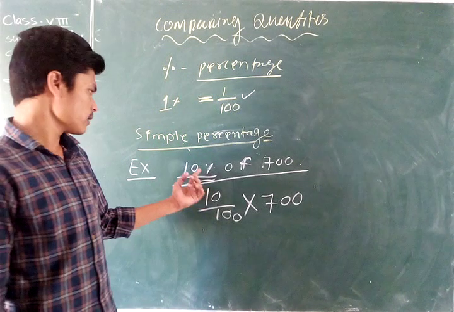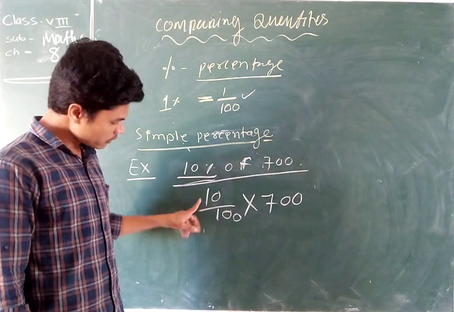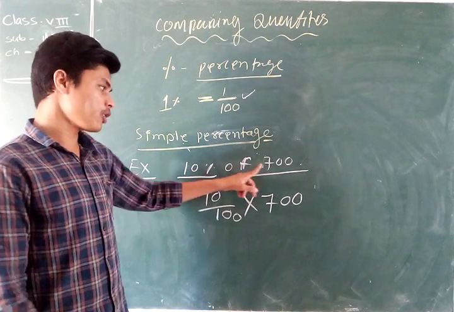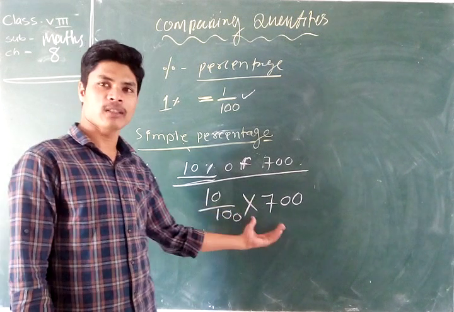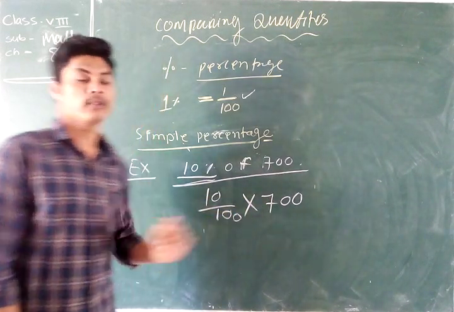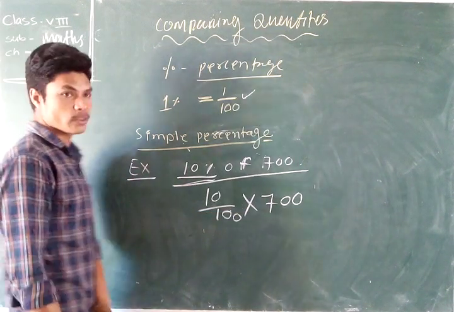10% means 10 by 100, and 'of' means multiplication, into 700.